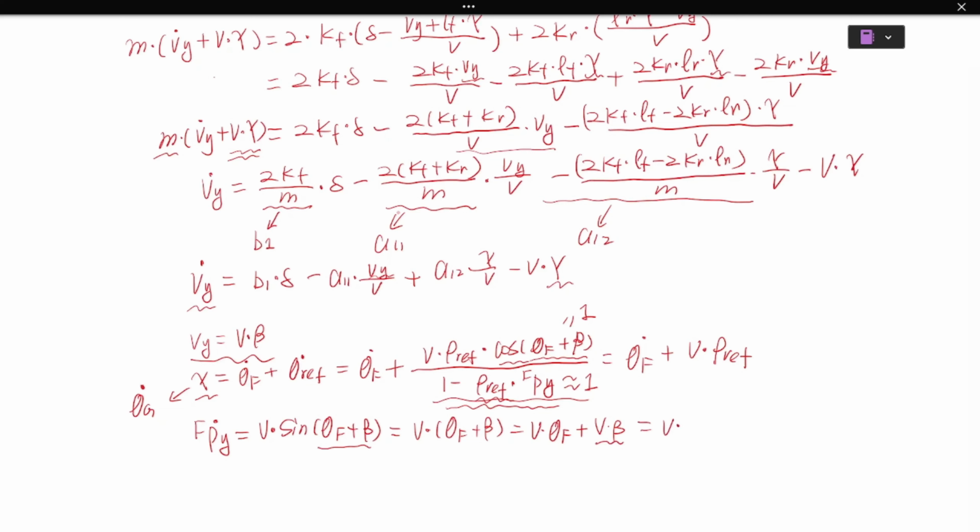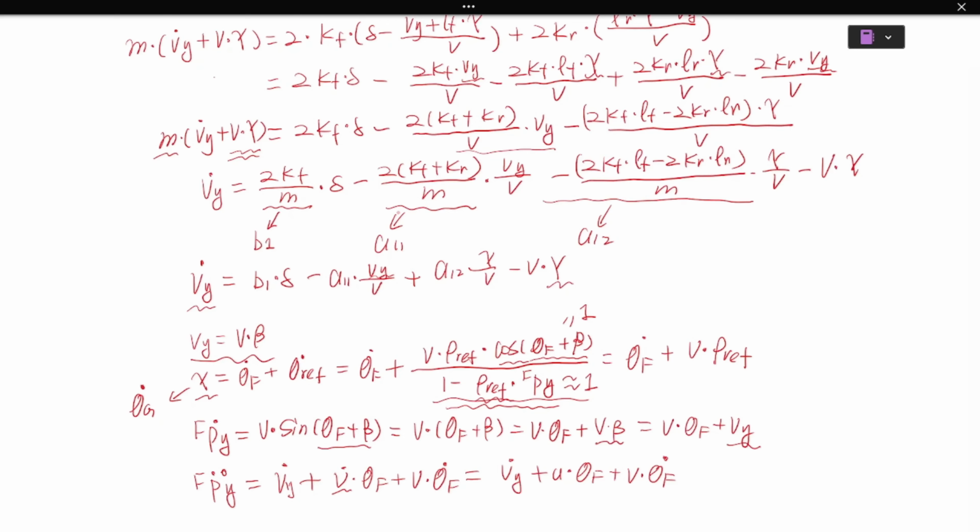So it equals v times theta f plus vy. And so fpy double dot equals vy dot plus v dot times theta f plus v times theta f dot, which equals vy dot plus acceleration a times theta f plus v times theta f dot. Okay.